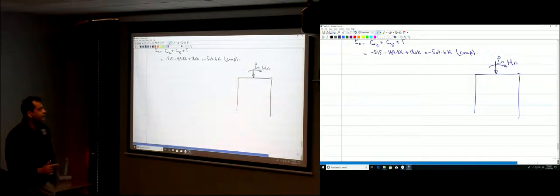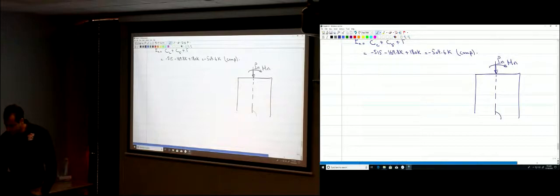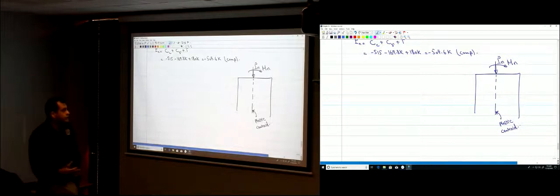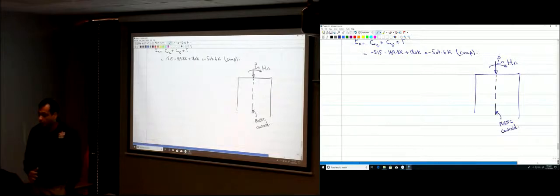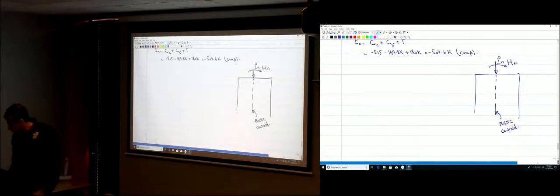Pn is applied exactly at the plastic centroid. So that's the location of the plastic centroid of the section. That's the importance of finding the plastic centroid. It's the location over which that Pn is applied. Since our section over here is symmetric, the plastic centroid is right in the middle of the section. So Pn is right in the middle of the section, so that means that this distance is 12 inches.